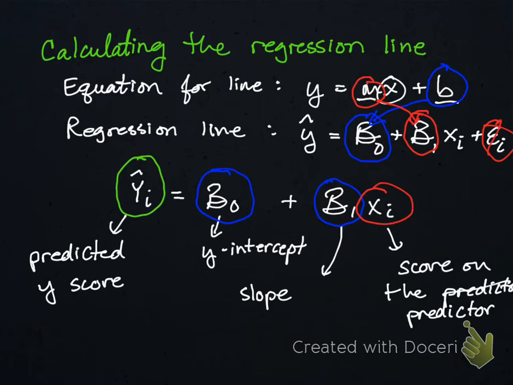If we're going to follow the same type of example that we were using before, this error term, this e_i, I said that we quantify using the sum of squared residuals, and that's because this error term for a given person is just going to be that person's actual y-score minus their predicted y. But practically speaking, we're not going to use this error term in any calculation steps because we can assess it later.